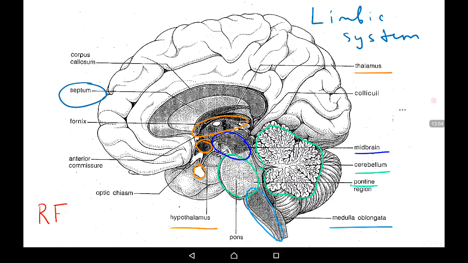The cingulate gyrus, located here, which is responsible for the pain and also for emotions.